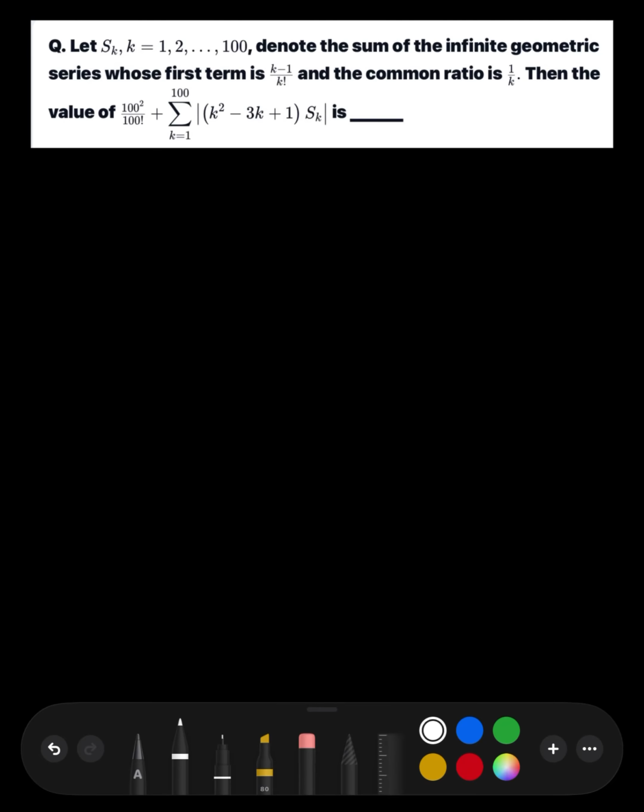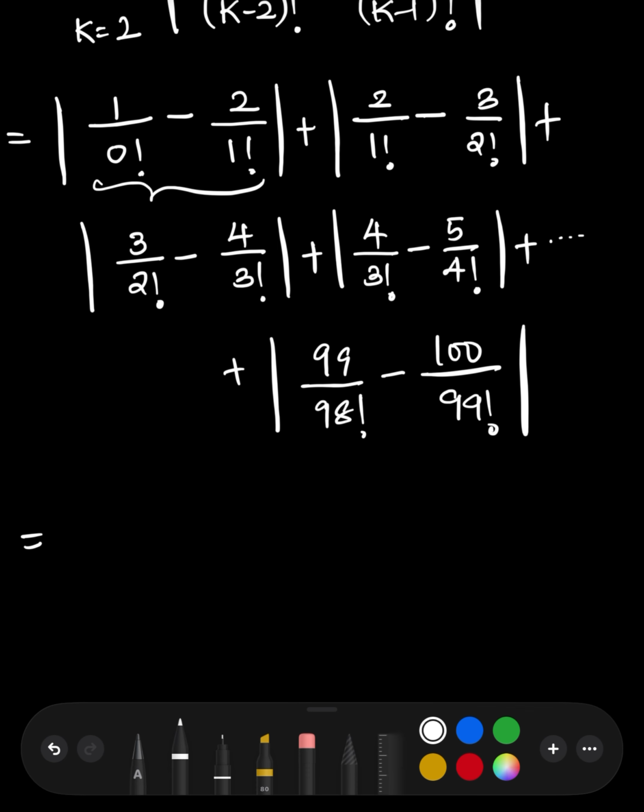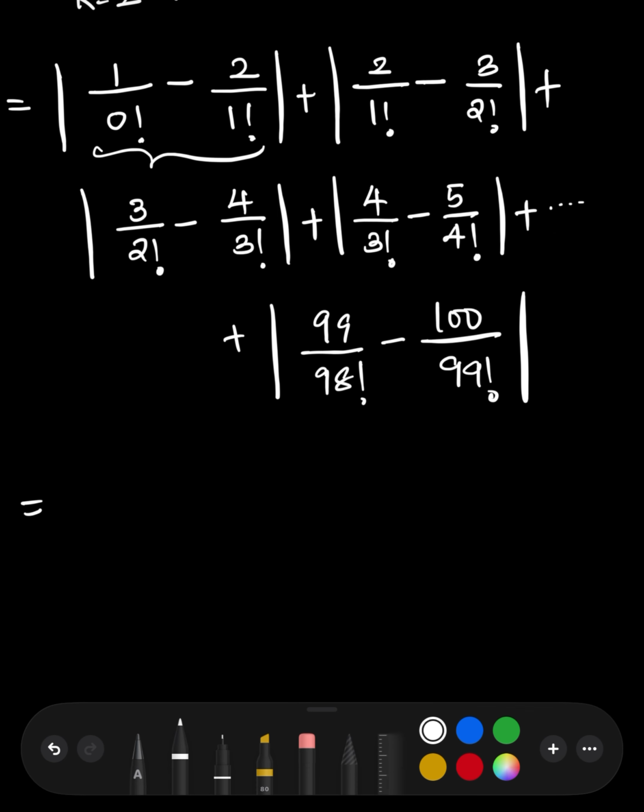Then here, if you see the first modulus, 1 by 0 factorial is nothing but 1 minus 2. It's a negative quantity. In case of the modulus, I can write this as 2 minus 1, no problem, right? Plus the modulus of this one, 2 minus 3 by 2, is a completely positive quantity.